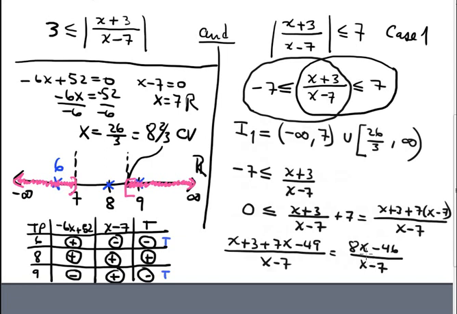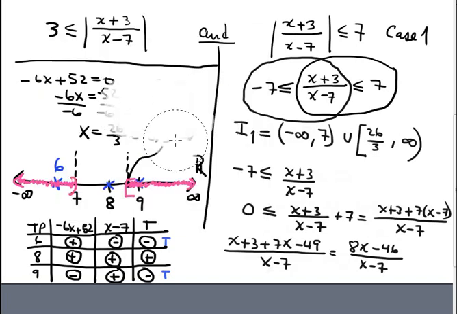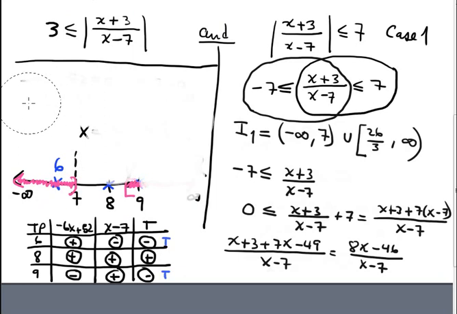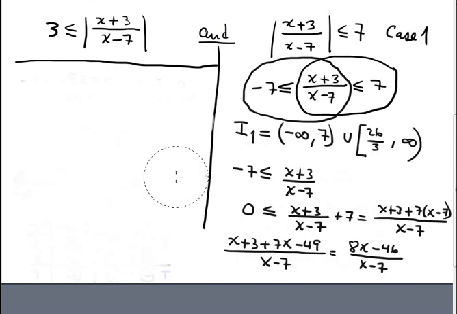Okay, let's continue here. This is 0 less than or equal to 8x minus 46 over x minus 7.